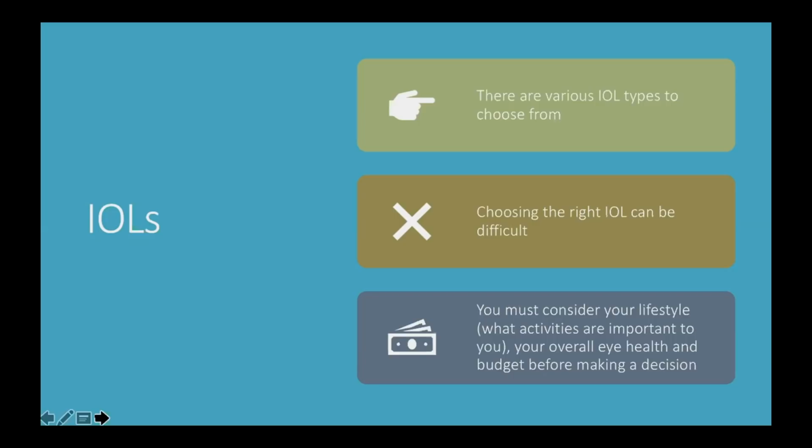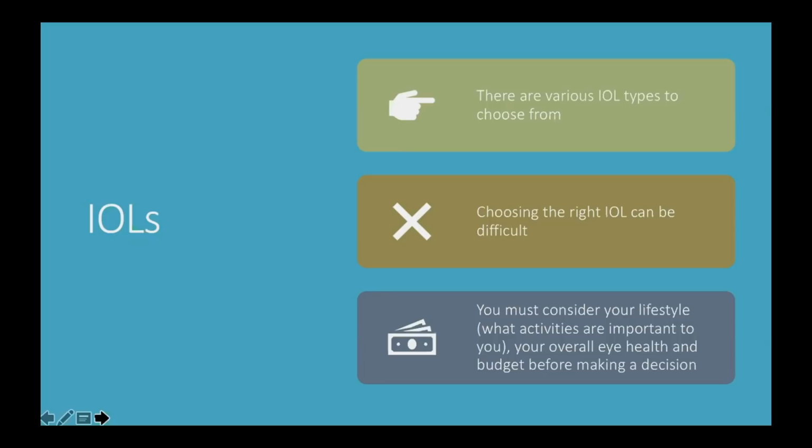And choosing the right IOL can be a difficult decision because, especially now, as technology advances, there are so many different options. You really have to take some time to think about your lifestyle, what activities are important to you, how important spectacle independence is and for what activities, and also your overall eye health and your budget before you make a decision.